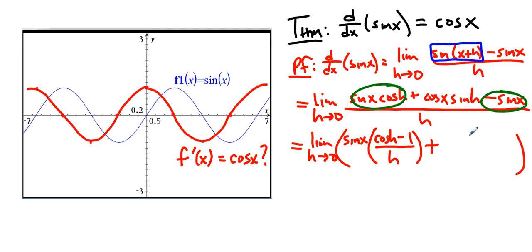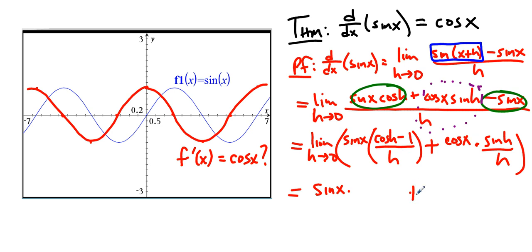And then over here, I'm going to have what's left. And that's cosine x times sine h over h. So I'm going to know what to do with this if I know what this limit is and what this limit is. Because as h goes to 0, sine x doesn't care, but this limit probably does. And cosine x doesn't care about h, but this limit probably does.